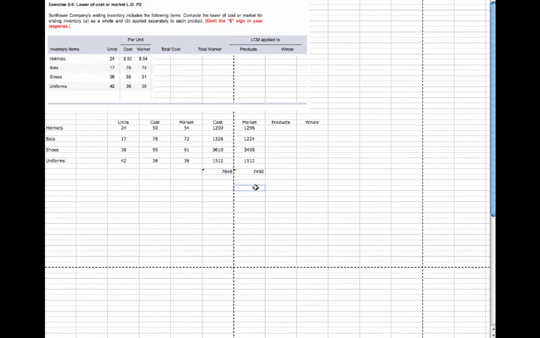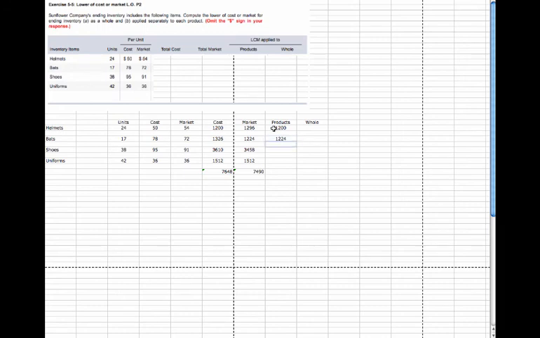Now, the question is we have to look at each one of these first by product to determine which is lower, cost or market. In the case of the helmets, the cost is lower, so we're going to take $1,200 here. In the case of bats, the market price is lower, so we're going to take the $1,224.